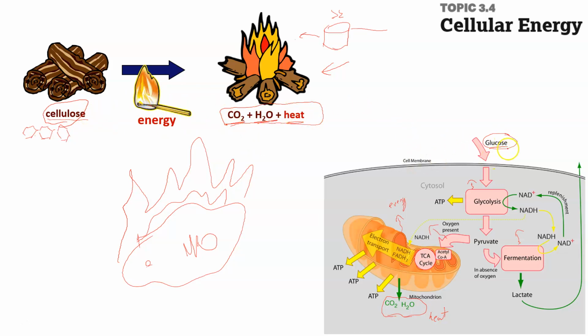The difference here is that we do this in a very systematic process in which we have many, many enzymes involved and coenzymes and things like that, which are going to help us break stuff down piece by piece, break these carbon-to-carbon bonds, and release that energy for us in a very slow, controlled manner that doesn't cause our cells to combust. So that's the basics of energy.